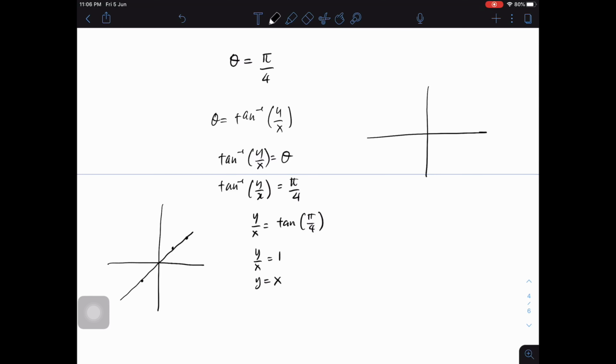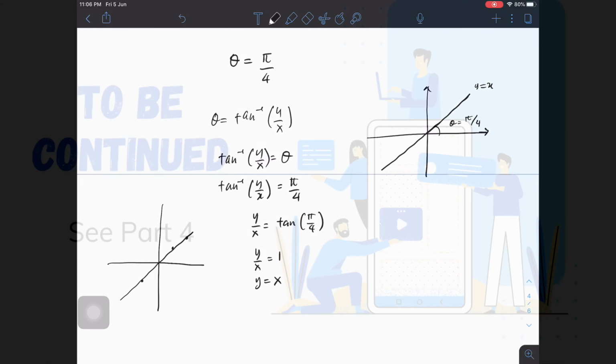Therefore, we have here to here is 45. Then here is your straight line. Therefore, here is your polar curve, a straight line with theta equal to pi over 4. So this is how you plot the graph, and it's recommended that you use the converting technique because it's much easier.